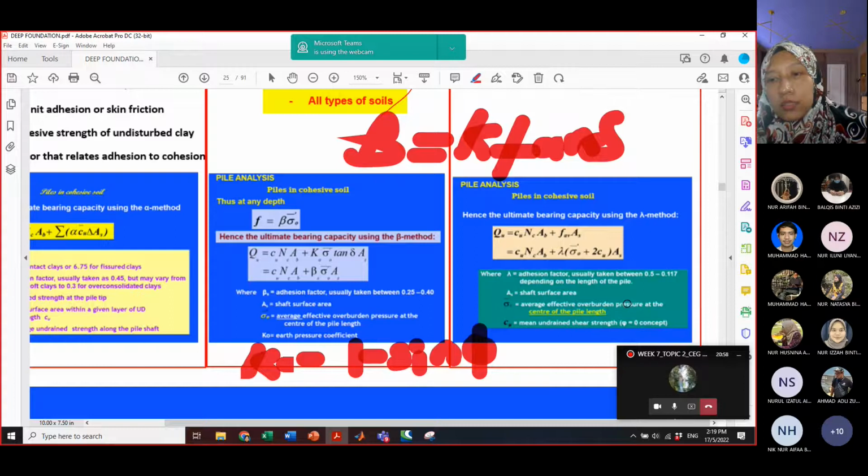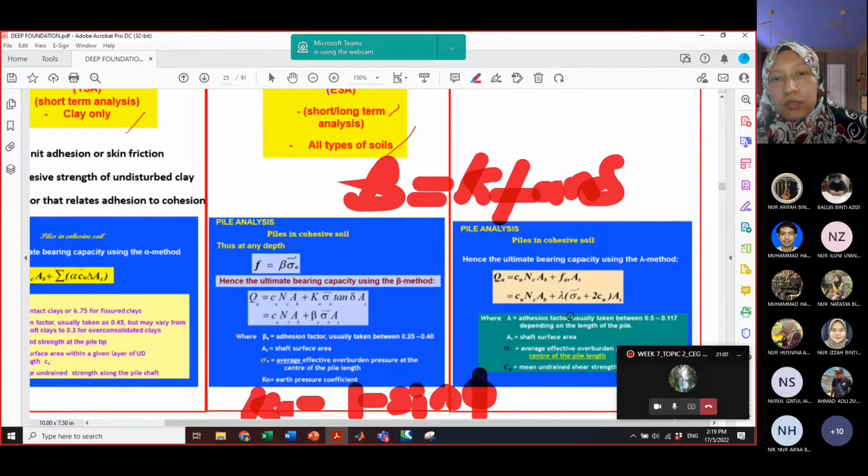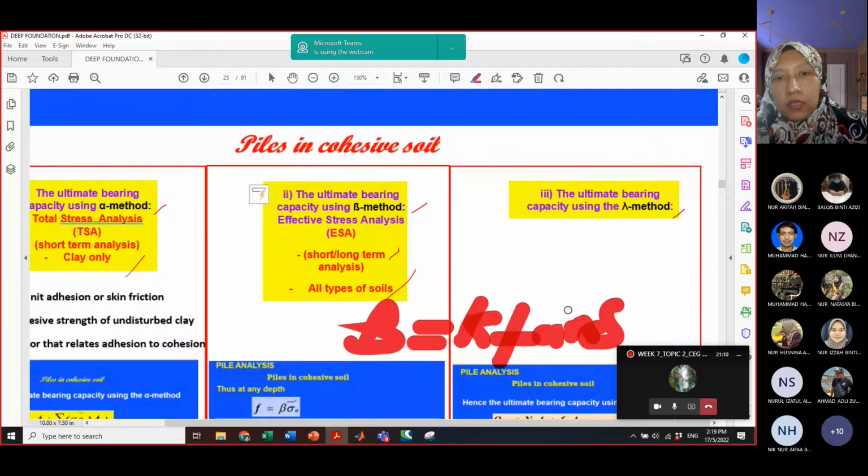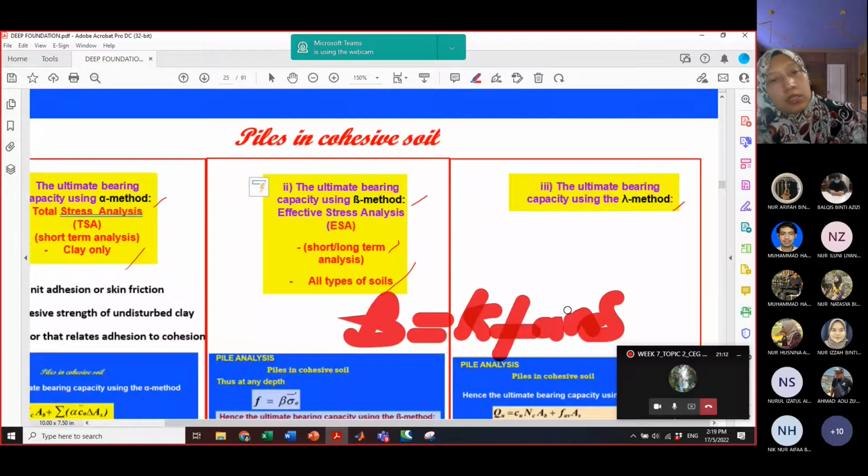Or in other words, we consider this as a total strength analysis with purely cohesive soil. So these are three methods to calculate the ultimate bearing capacity of a single pile in cohesive soil.